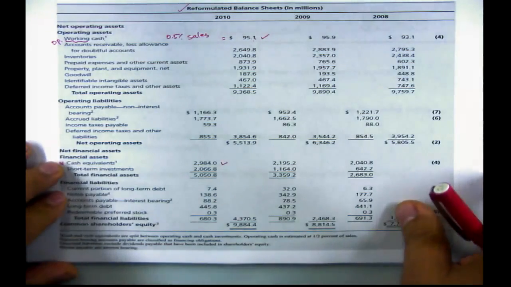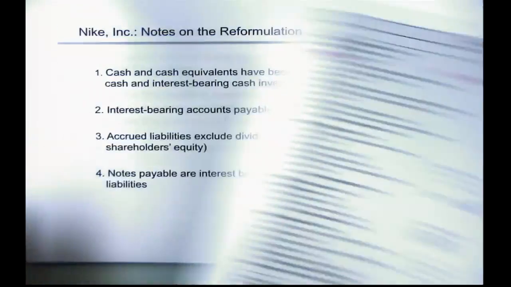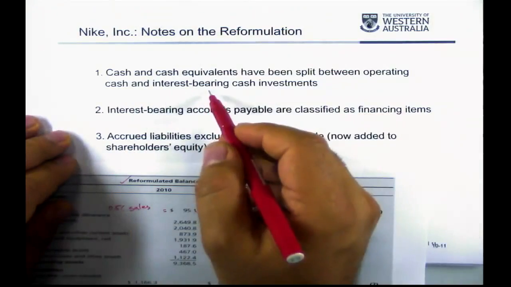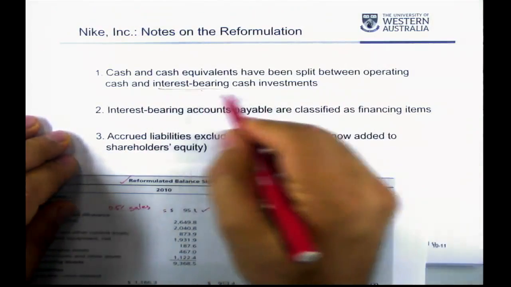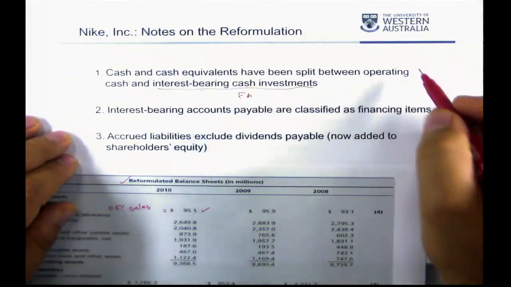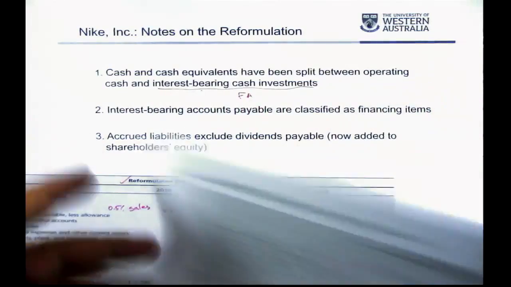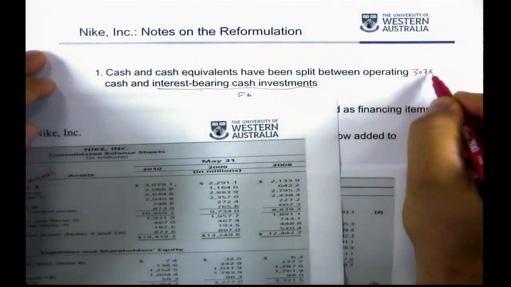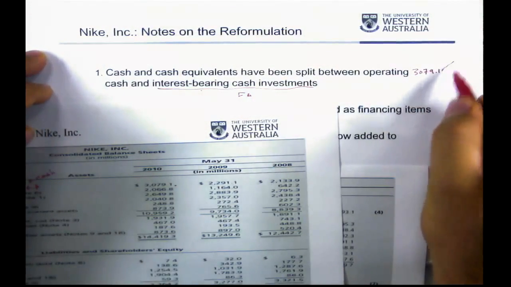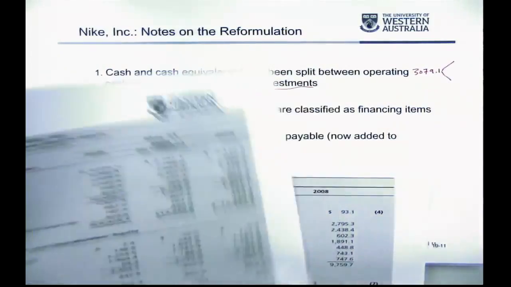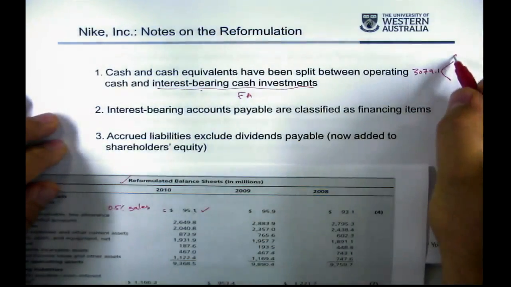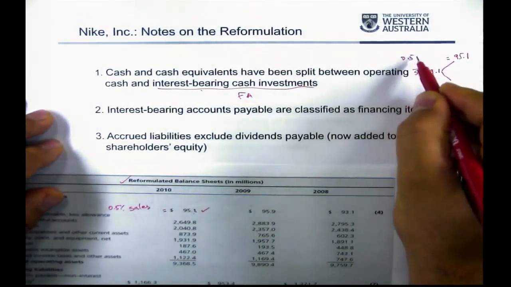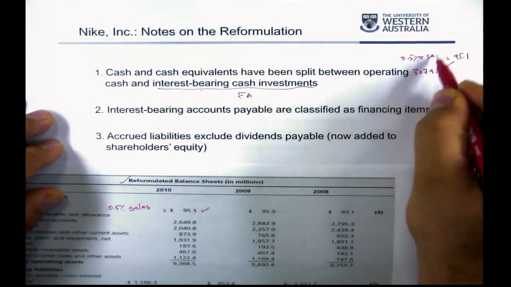So I will show you what we did here. Cash and cash equivalents have been split between operating cash and interest-bearing cash investments. This one is financial assets. This is the original balance, 3079.1. It was split into two parts. The first one is 95.1, and that is estimated as 0.5% of sales.